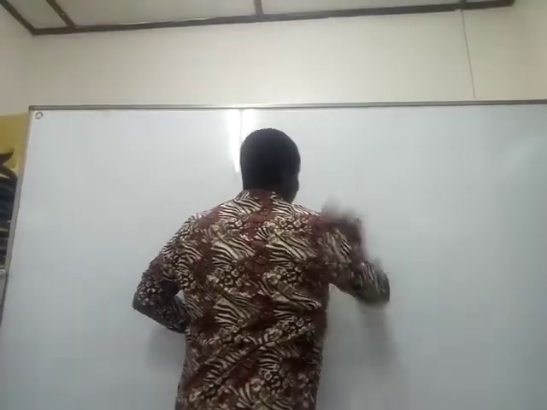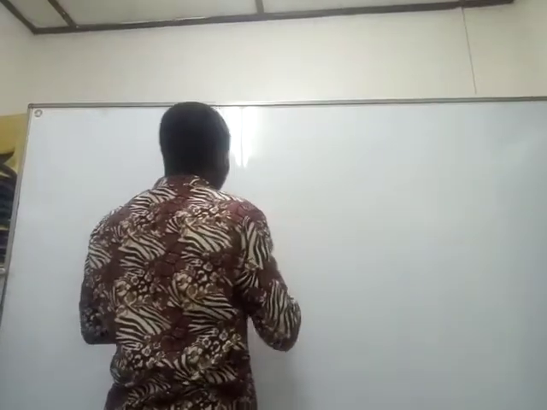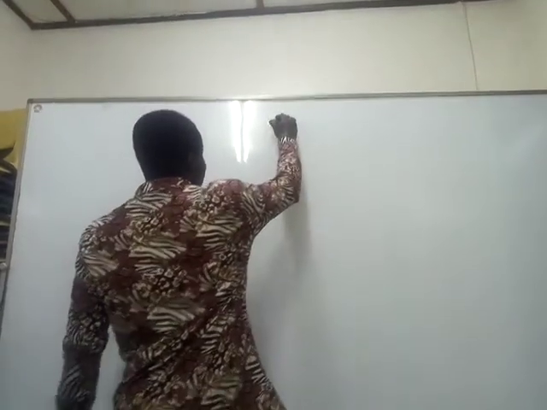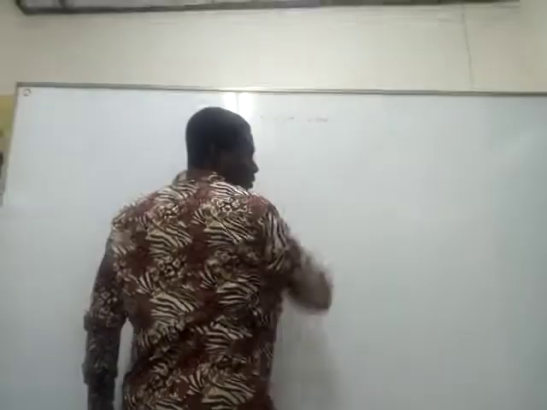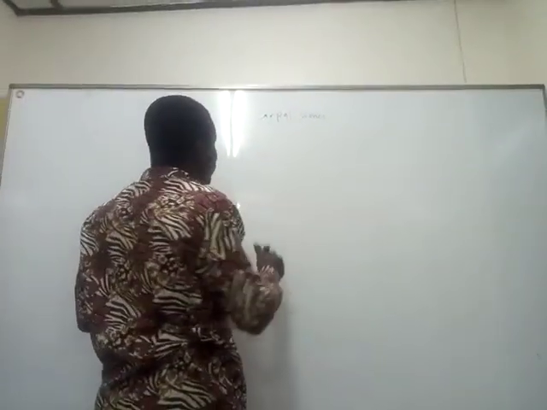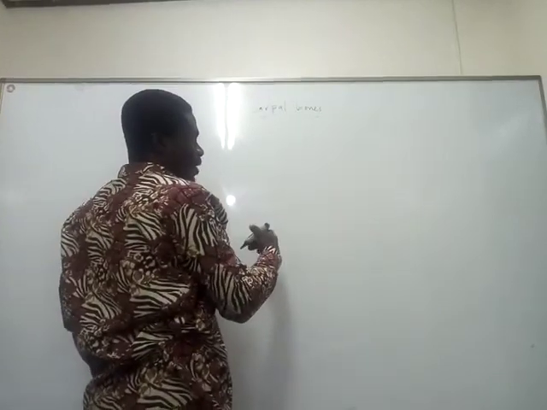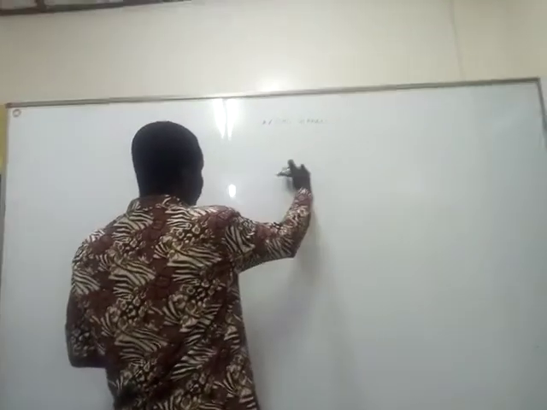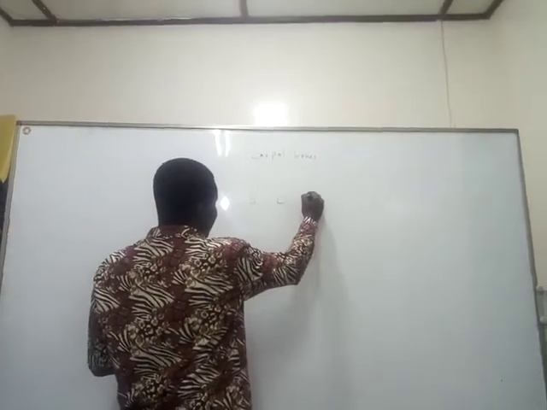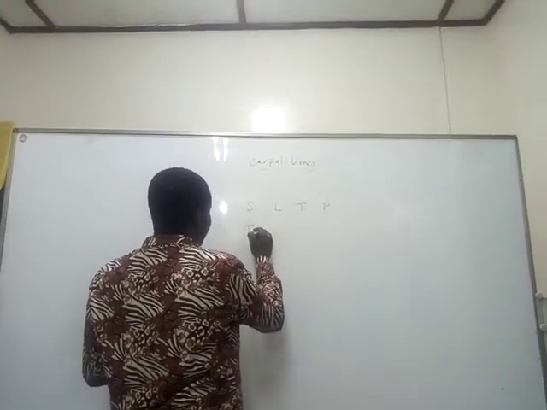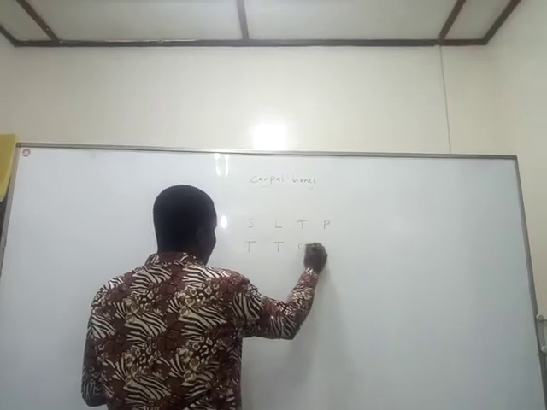to the ossification centers as regards the carpal bones. Now, for the carpal bones, what we know is that we have 8 bones, 4 in each row. So we remember the mnemonic, some lovers take positions that they can't handle.